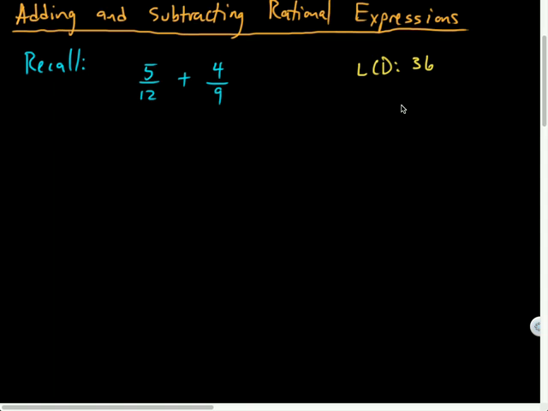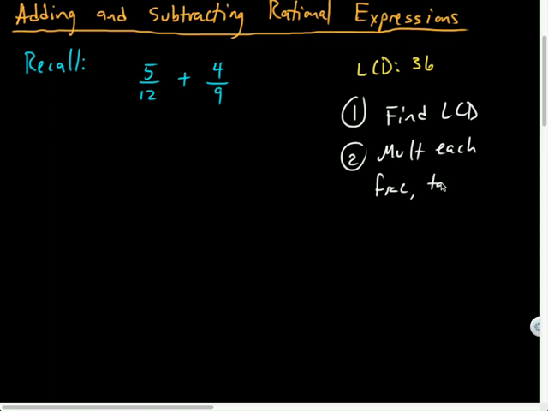All right? And I guess I might even write some steps. Step 1, find the LCD. Step 2, multiply each fraction, top and bottom, by the part of the LCD it's missing.